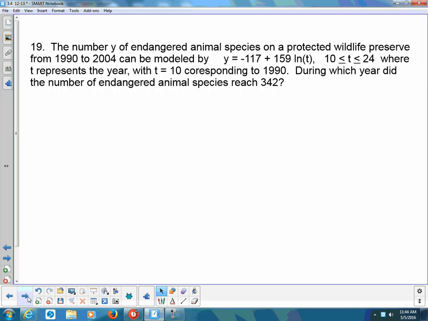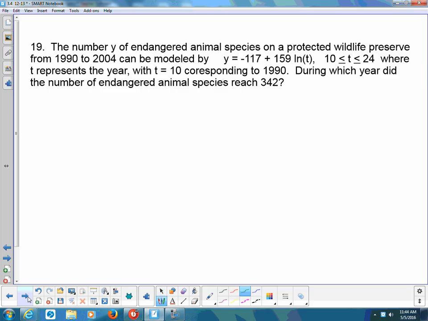Okay, let's take a look at this example. The number y of endangered animal species on a protected wildlife preserve from 1990 to 2004 can be modeled by this natural log equation, where t goes from 10 to 24, and it represents the year, with t equaling 10 corresponding to 1990. During which year did the number of endangered animal species reach 342?